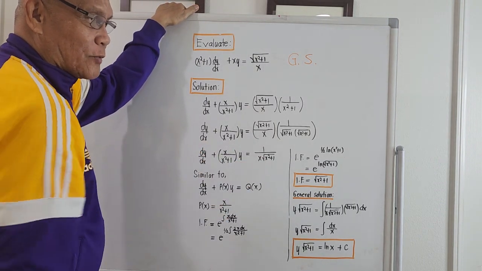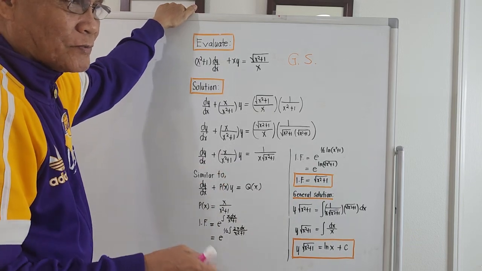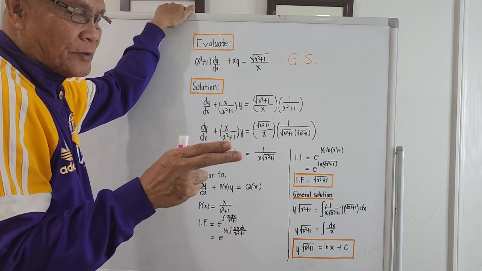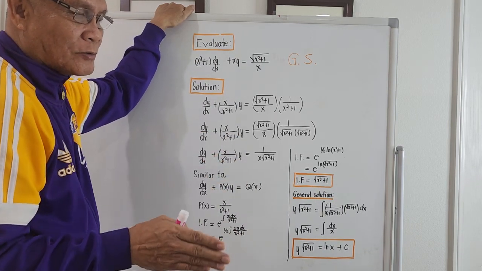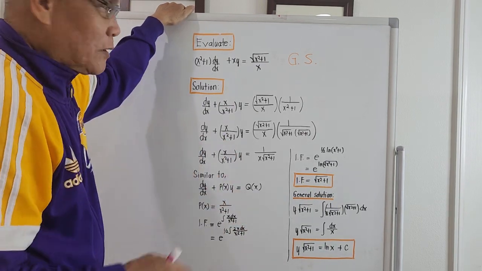The given differential equation falls under the so-called solution by using an integrating factor. And for it to fall under the integrating factor, we have to make some algebraic manipulations.